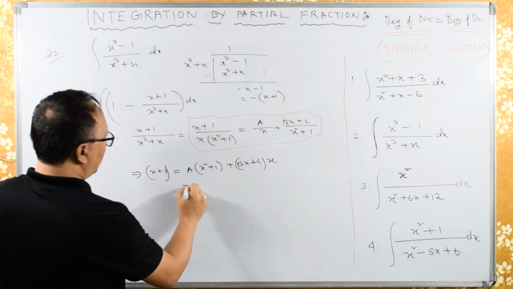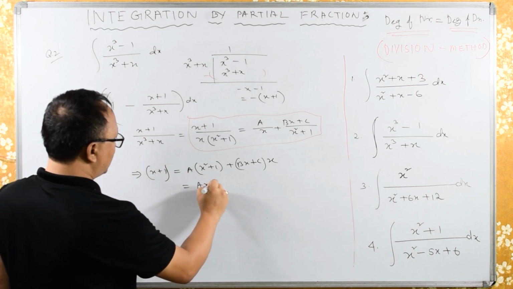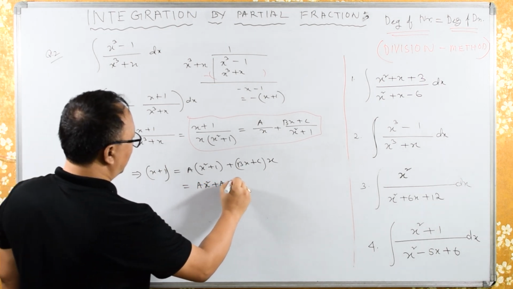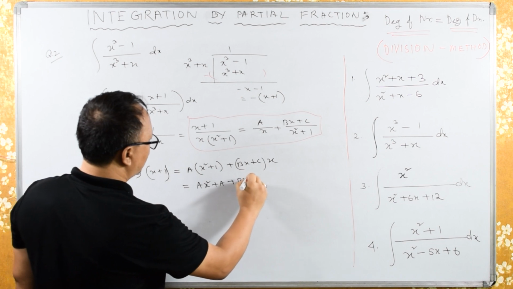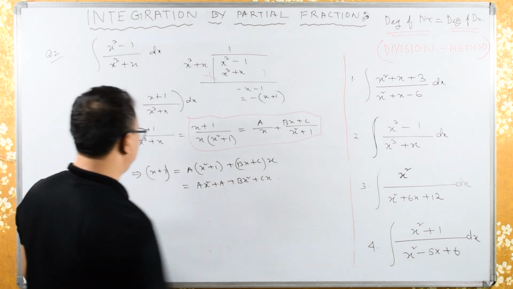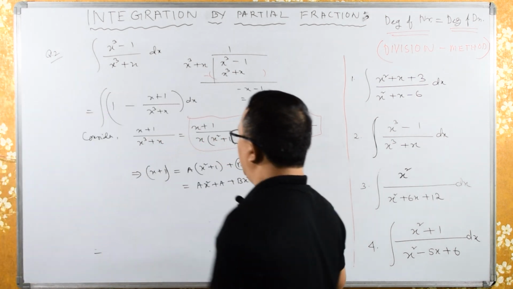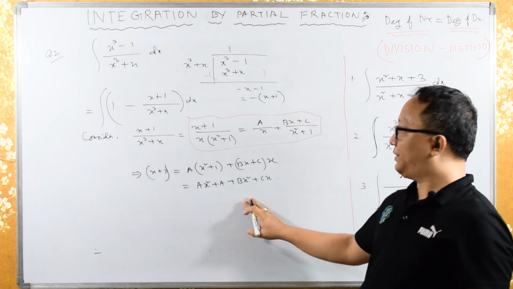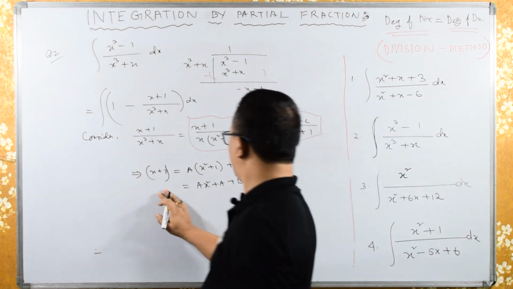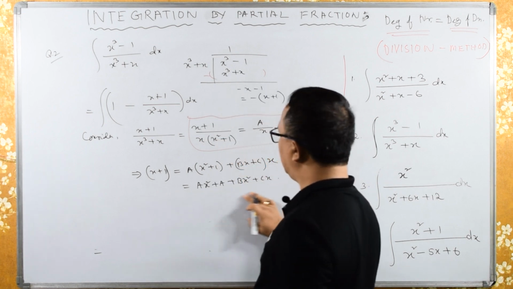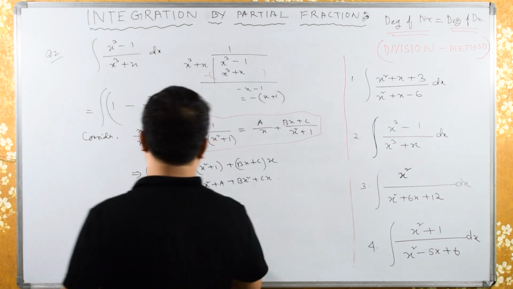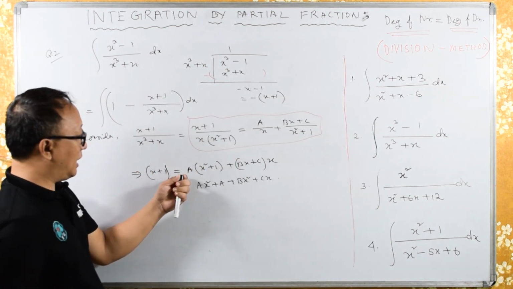If we expand, we'll get Ax square plus A plus Bx square plus Cx. Now in this equation, if I substitute x equals to 1, then we will not get values of either A, B, C.